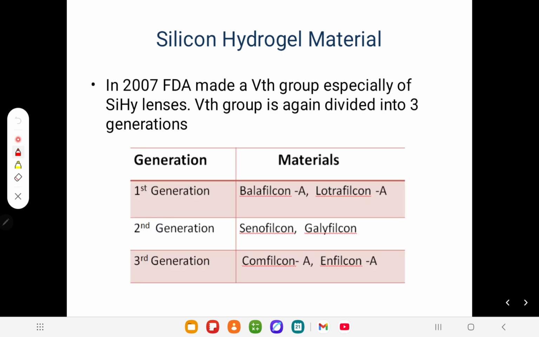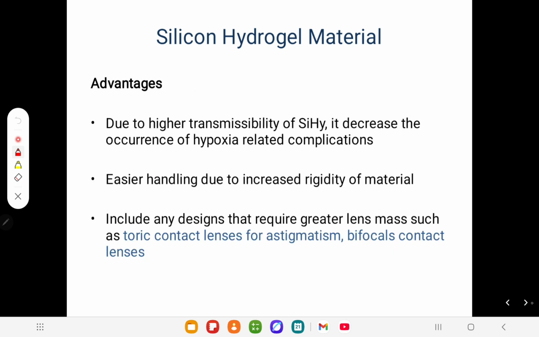So for silicon hydrogel material, in 2007 the FDA made the fifth group, especially for silicon hydrogel lenses, and the group is again divided into three generations. I think you have to know the first, second, and third generation. First generation examples are balafilcon A and lotrafilcon A. Second generation examples are senofilcon A and galyfilcon A. Third generation examples are comfilcon and enfilcon A. Okay, so these are the examples.